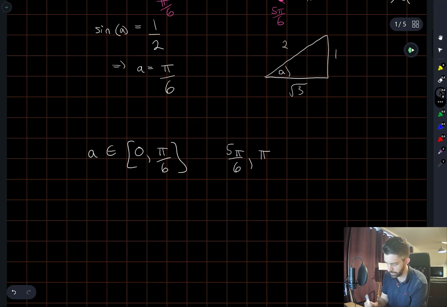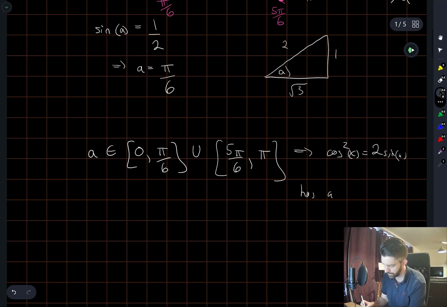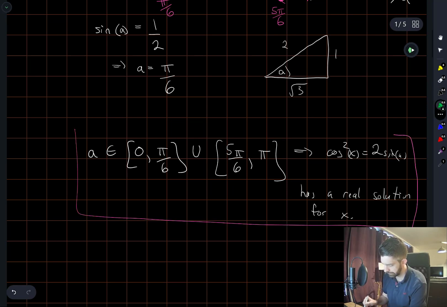That's supposed to be a union symbol. If we have this, then cosine squared x equal to 2 sine a has a real solution x. And this is the answer, assuming that I did this solution correctly.